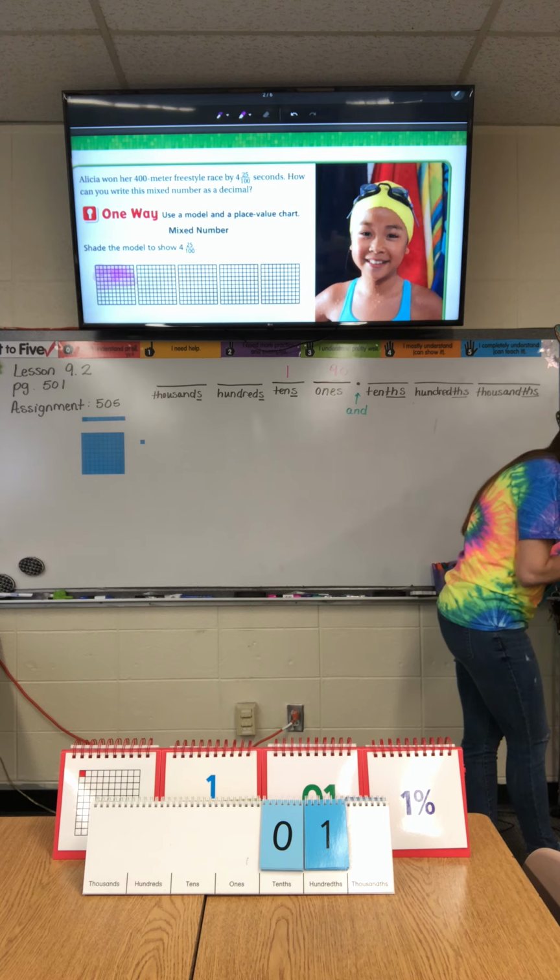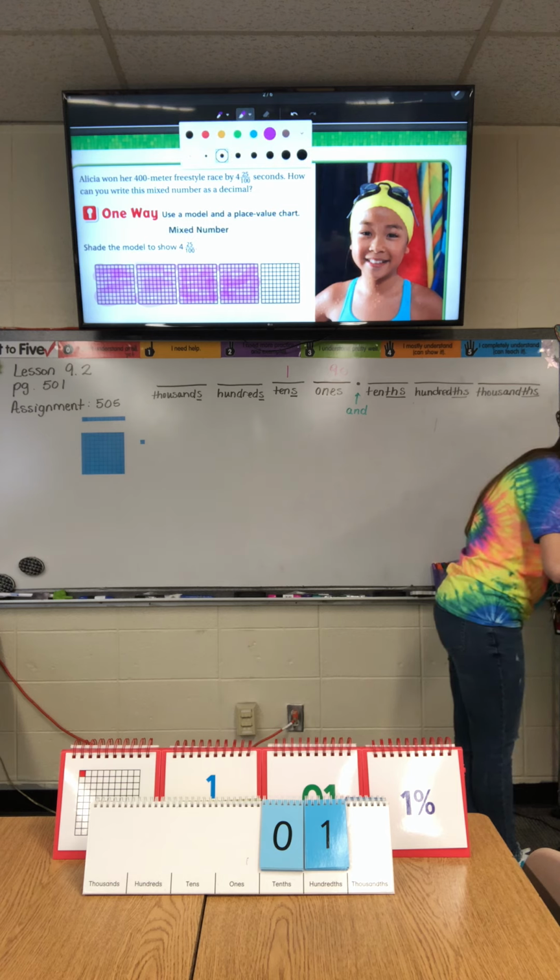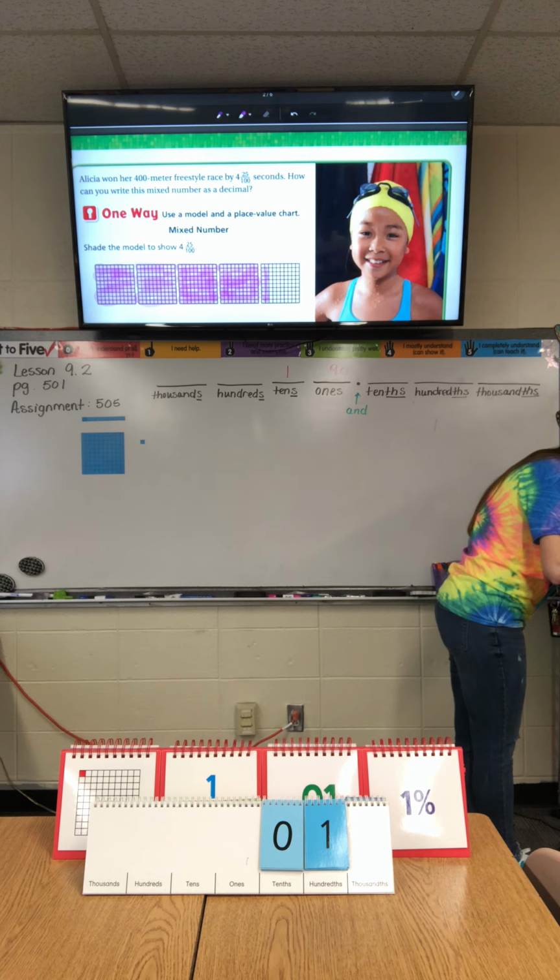So I'm going to shade that whole thing, this whole thing, this whole thing, and these are our 4 wholes that I'm shading now. And then on the last one, it's going to be 25 out of 100. So I'm going to go 1, 2 tenths, and then 5.